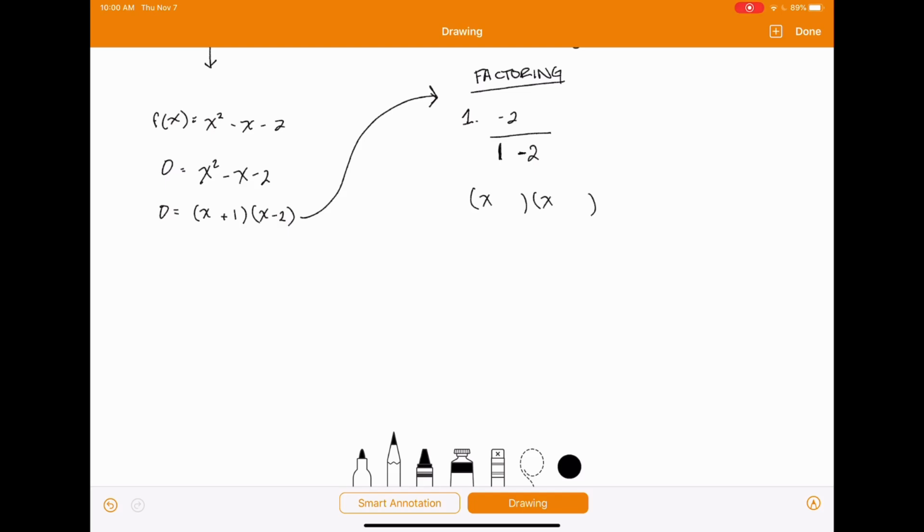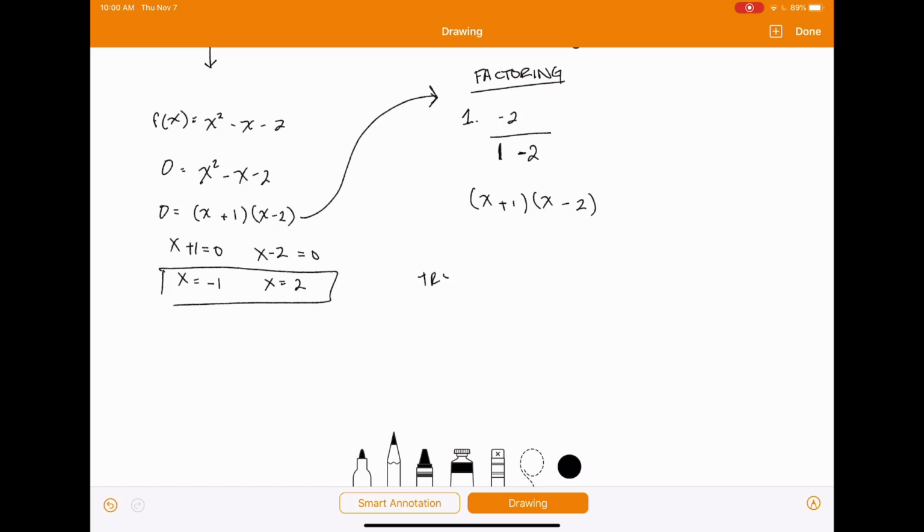You start with your x and your x, and then a +1 goes on one side and a -2 goes on the other, which is what we got here. And then we can just set each of these individually equal to 0. So x equals -1, x equals +2. And these would be the roots of your function or equation.